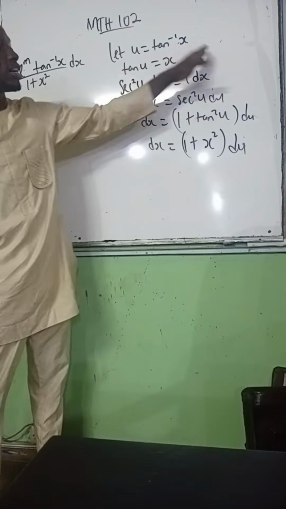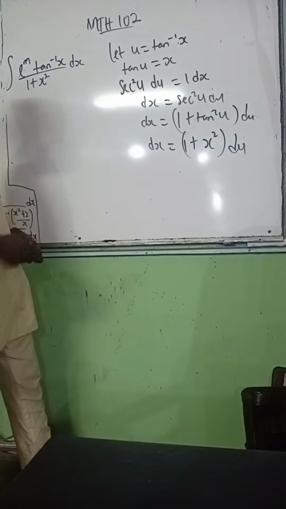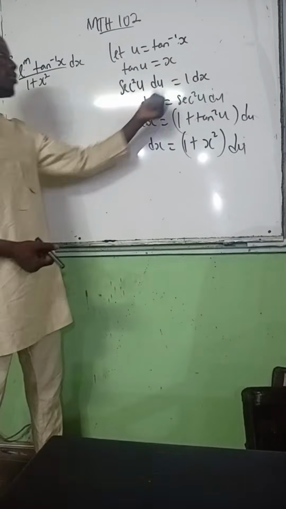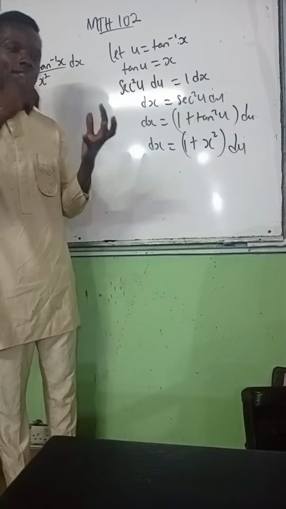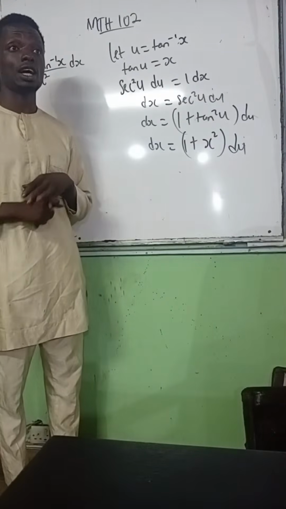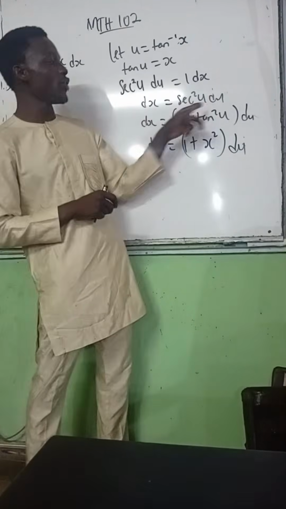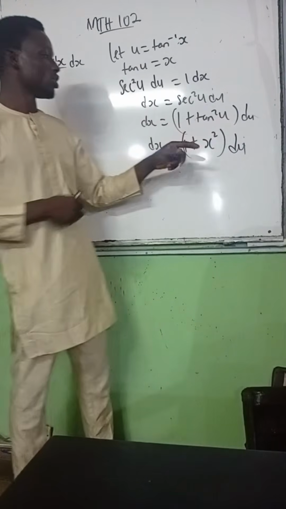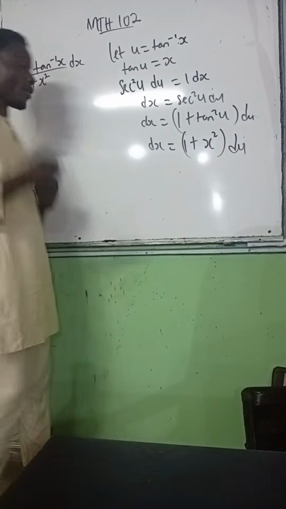But because you're having x on this side, then dx, u here. So now make dx the subject of the formula. It's already the subject of the formula. dx equals sec square u du. Sec square theta equals 1 plus tan square theta, trigonometry identity. So sec square u will give us 1 plus tan square u. Since our tan u is x, tan square u will be x squared. Are we cool with that?